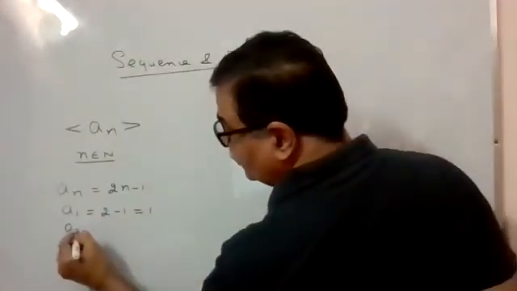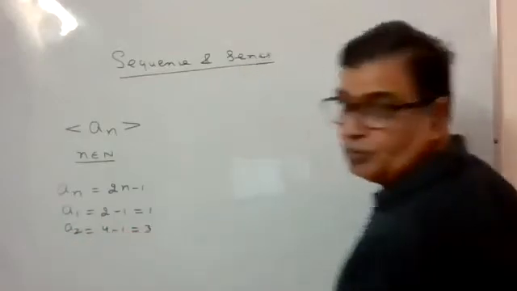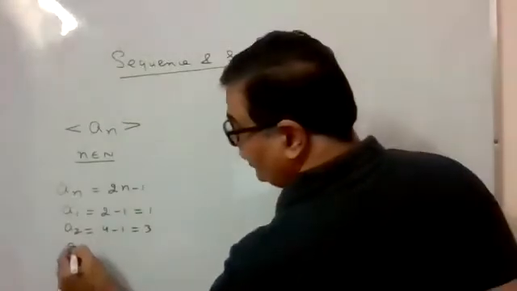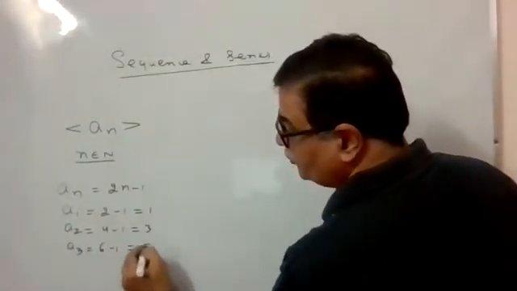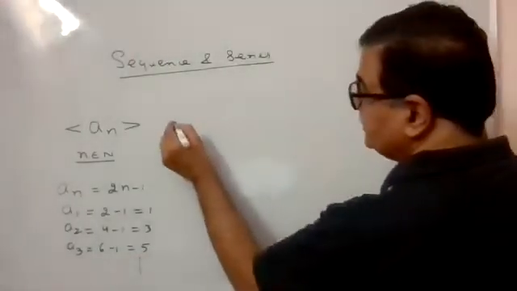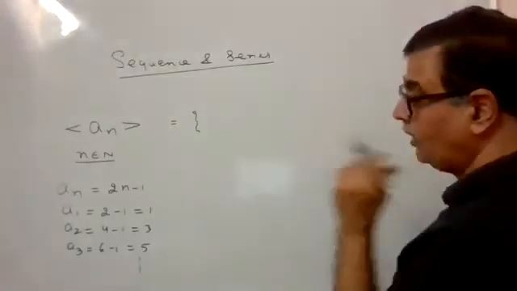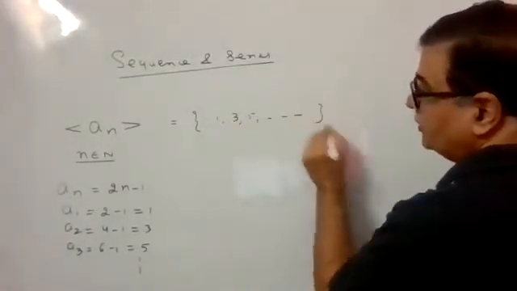Then we go for A2. 2 2s are 4, 4 minus 1 comes out to be 3. Then we go for A3. 2 3s are 6, 6 minus 1 comes out to be 5. So on. So what is my sequence here? Sequence will be 1, 3, 5, so on.